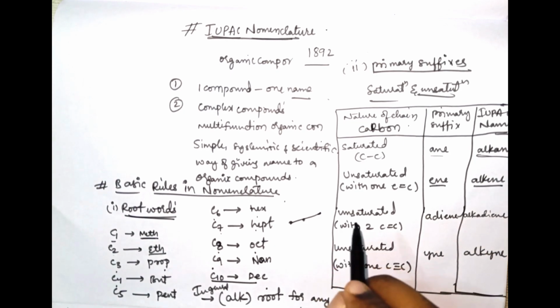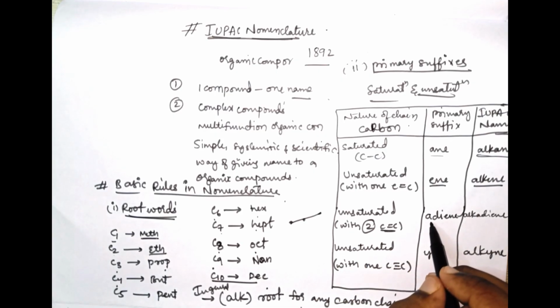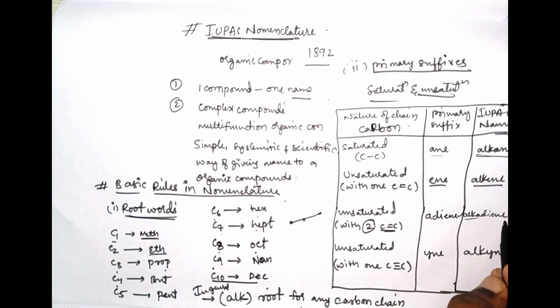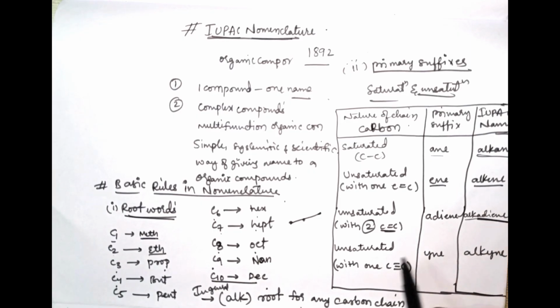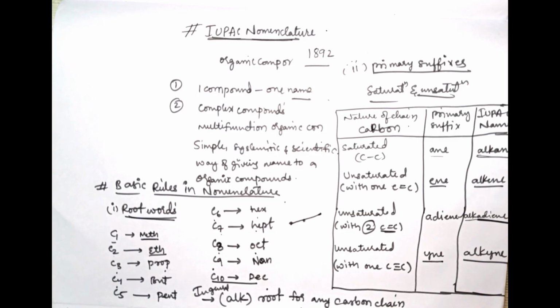If the system is unsaturated and contains two double bonds, then alkadiene becomes its IUPAC name, where you can identify its primary suffix as -adiene. If the system is unsaturated with one triple bond, its primary suffix becomes -yne and the IUPAC name becomes alkyne.